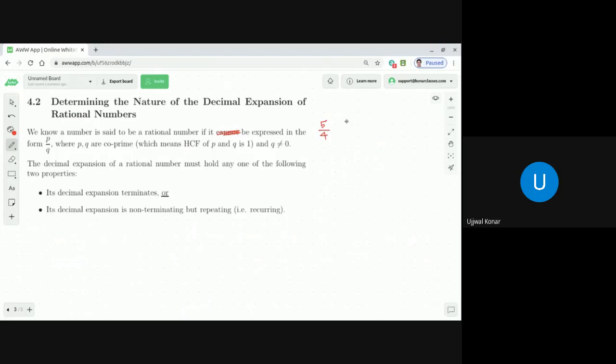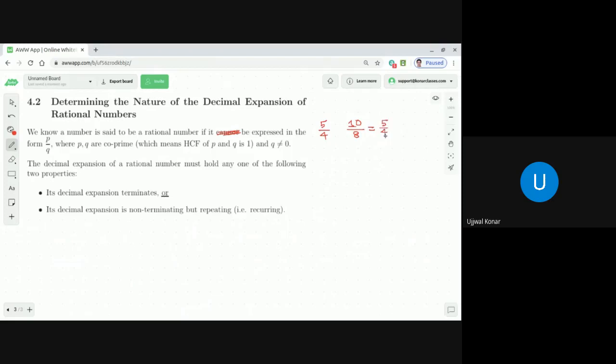Now if we see 10 by 8, as long as the definition is concerned, 10 by 8 is not a rational number because the HCF of 10 and 8 is not 1. Correct? It is actually 2. But we can always represent the number 10 by 8 in the reduced form as 5 by 4.